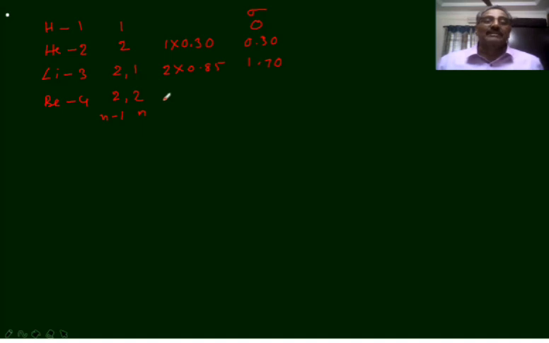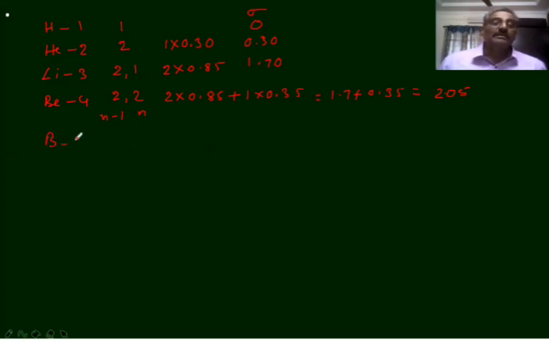So the total screening constant for beryllium atom will be 2 into 0.85 plus 1 into 0.35, that is 1.7 plus 0.35, that will be 2.05. 2.05 is the screening constant for beryllium.